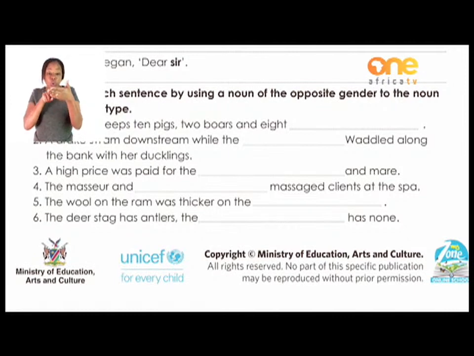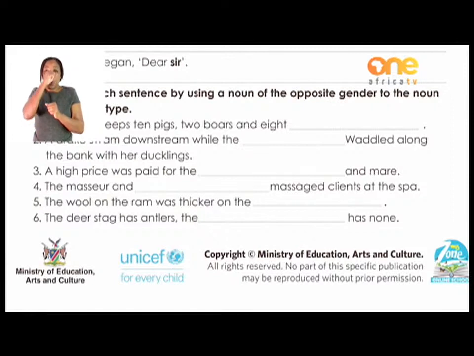You have to find out what type of gender is this which is given in the bold. If it is a female, you change it to the male, from masculine to feminine. If it is in feminine, you change it to masculine. So it's just vice versa. You change, if it's male, change to female. If it is boy, change to girl. That is what I'm saying. So just check the words which are in bold. Mr. Brown keeps 10 pigs, 2 bulls, and 8.